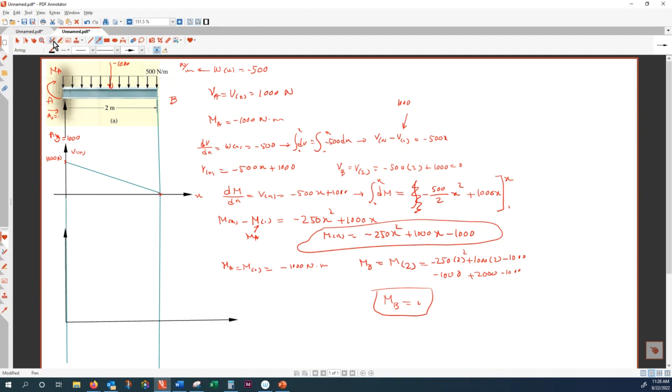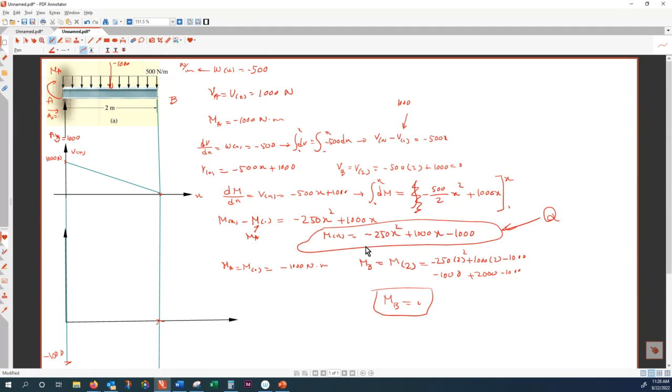Okay, so now I start from the starting point, which is minus 1,000, and the end value is 0. So that equation is a quadratic equation, with a negative multiplier of the largest term, which means a reverse cup.